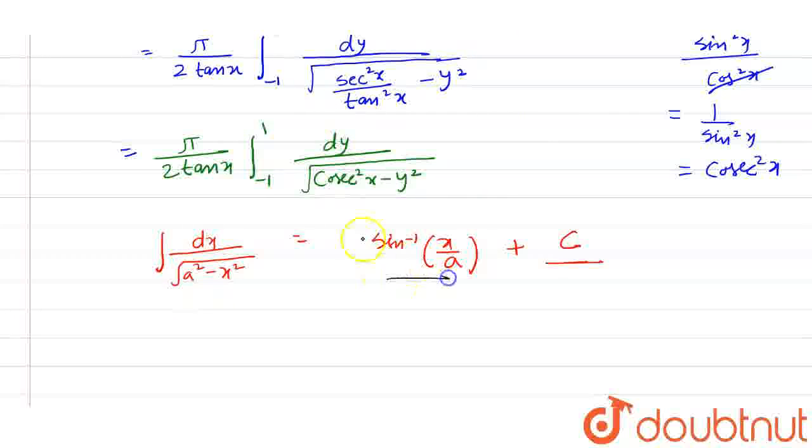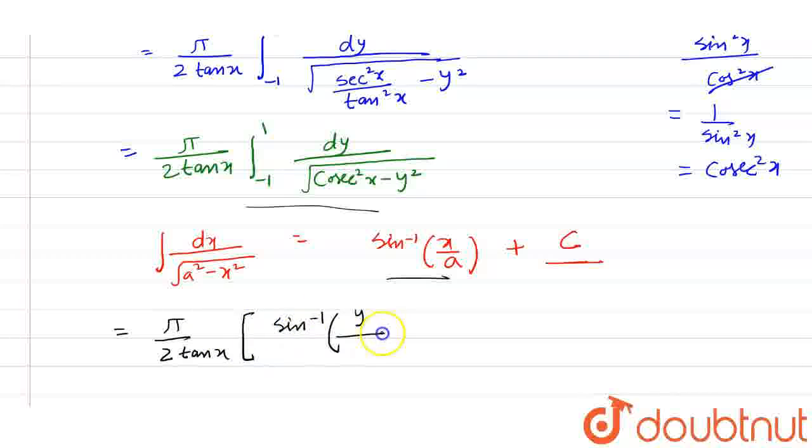So by using this formula, we can get the solution of this equation, that is pi by 2 tan x sin inverse y upon cosec x. Now limits go from minus 1 to 1.